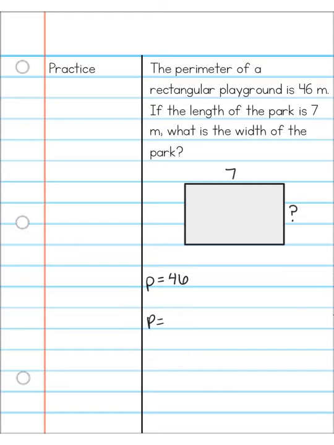So I know that the perimeter is going to be 7 plus 7 plus the width plus the width. So 46 equals 7 plus 7 plus the width plus the width. So I have to take that 7 away 2 different times.